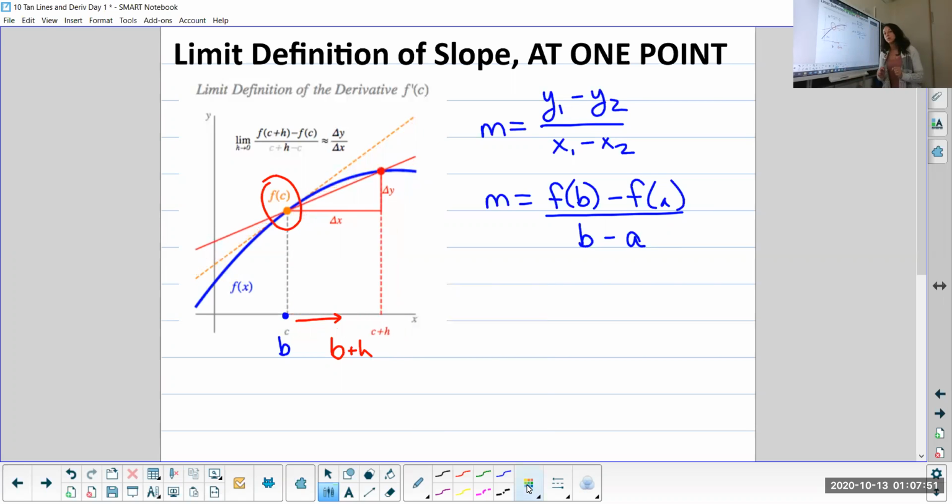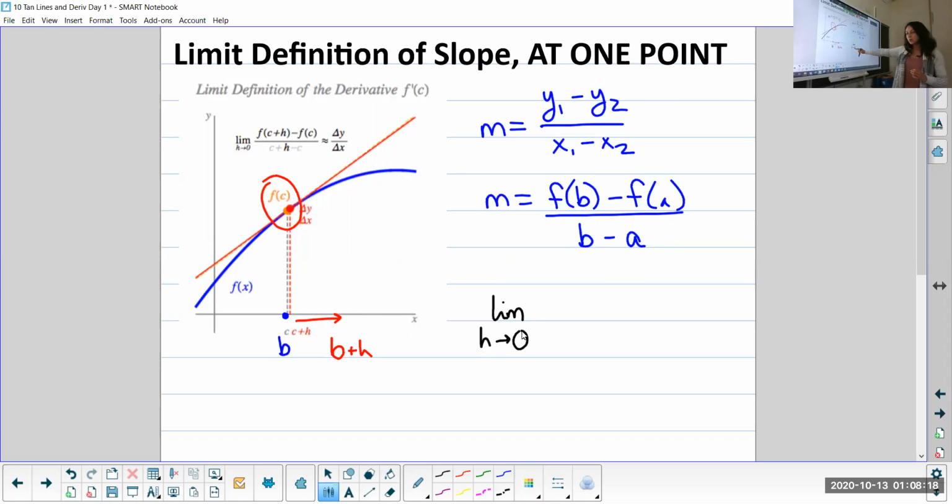You gotta follow along with me because this is some good old limit manipulation. When we're looking at this, we are going to say, okay, if this distance between the 2 points is h, to be at one single point instead of at 2 points, we need that distance to be 0. So we take the limit knowledge and we apply that limit knowledge by saying the distance between the 2 points is shrinking down to 0.